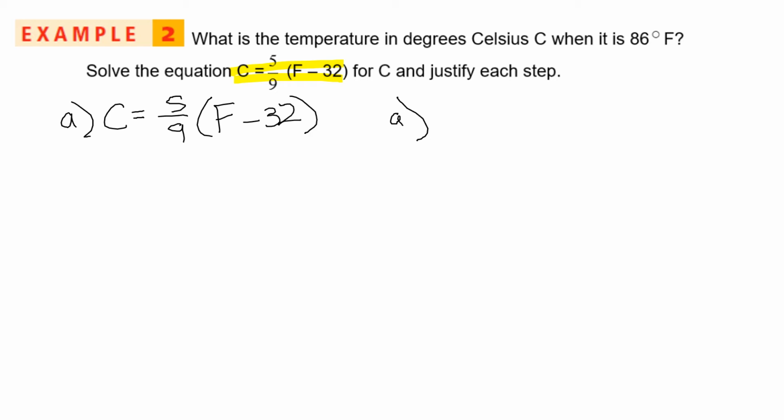And why can we write that down? Because it was given to us. Now, what do you want to do next? We are not going to distribute. Why are we not going to distribute?